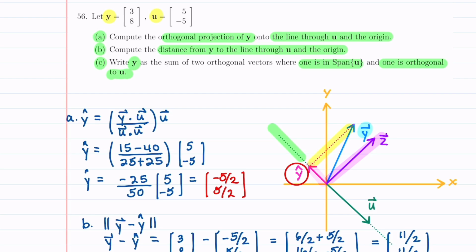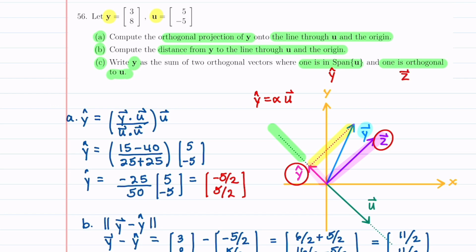The reason is that because y hat lies along the line through u and the origin, we can say that y hat is a multiple of u. So that means it's in the span of u. So this vector is going to be y hat, and then the vector orthogonal to y hat is going to be our vector z. So let's mark this as vector z.